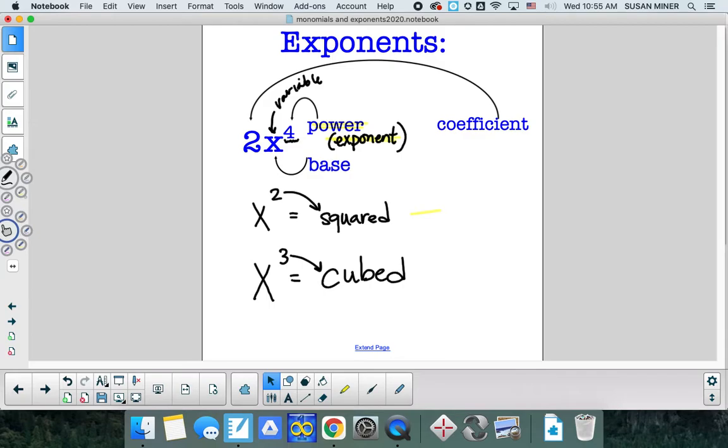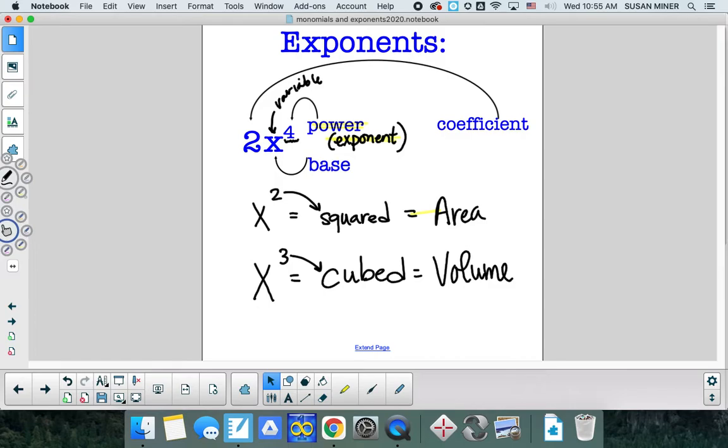That's because of area and volume, and you guys have learned about that. A lot of times we're talking about area or volume when we have something squared or cubed. And so in relationship to that, a lot of times we use those words squared and cubed in reference to the exponent of 2 or 3.